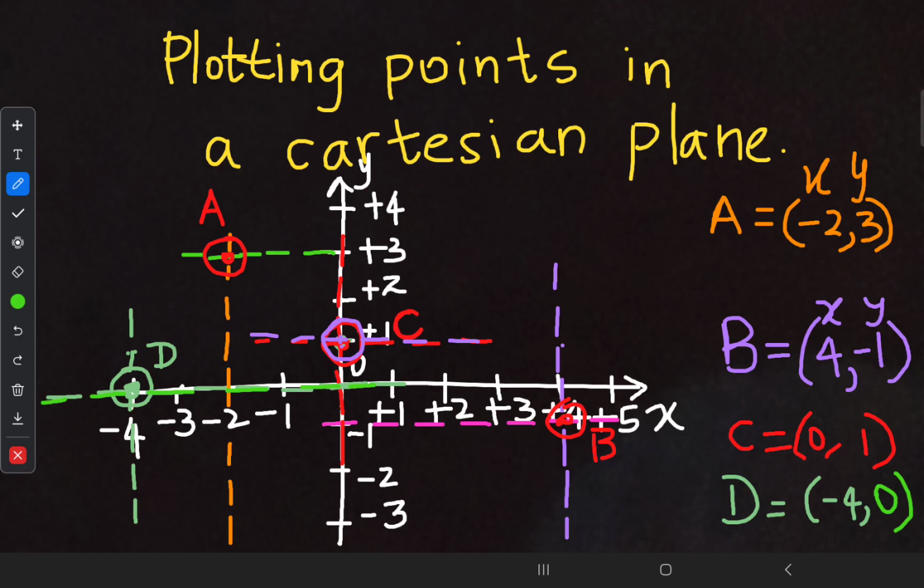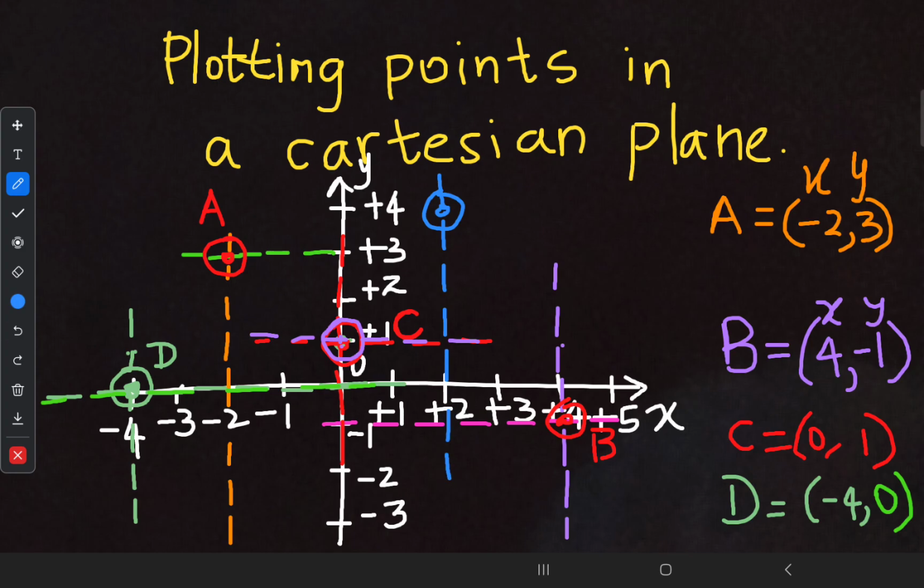This is the way. When I give you the points, you have to identify the location. When I mark the location, you have to find your coordinates correctly in a proper manner. We will do one more question here. This is our position. Here I'll give you this position and you have to find its coordinate. For that we have to draw a vertical line going through when x is 2.